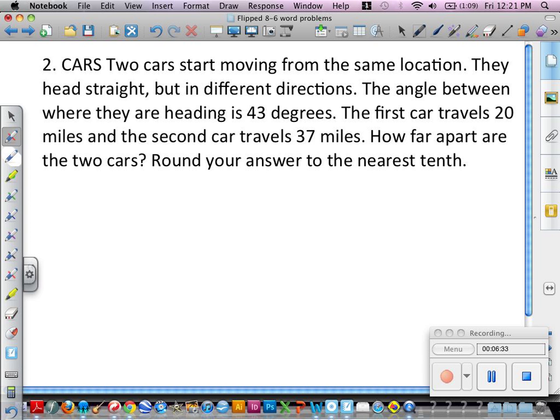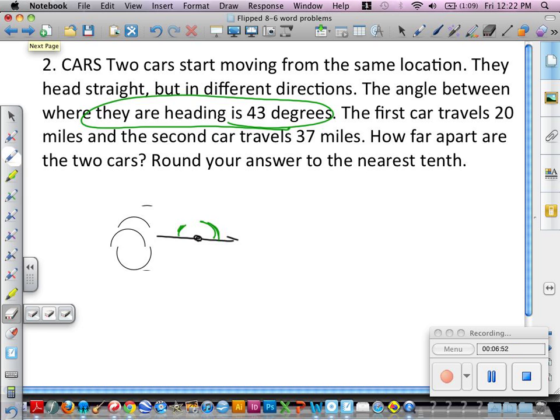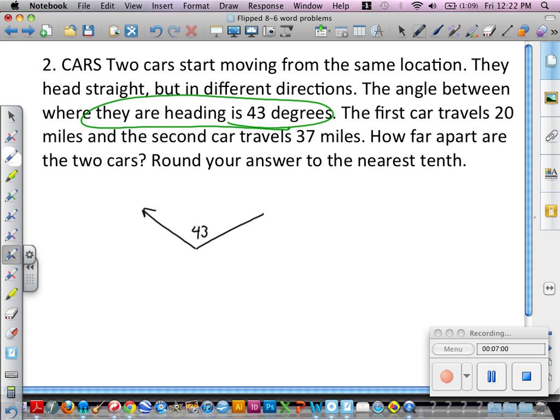When I first did this problem, I had my two cars, here they are, and then I had them going this way at first. However, the angle is 43 degrees is what that means right there. So this is not right. I got a 180 here, guys. So I'm going to erase that. They're heading in different directions, but the angle between them is 43 degrees.